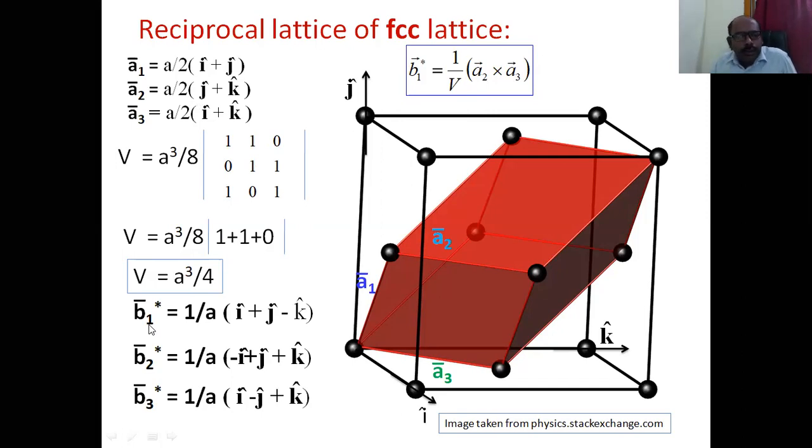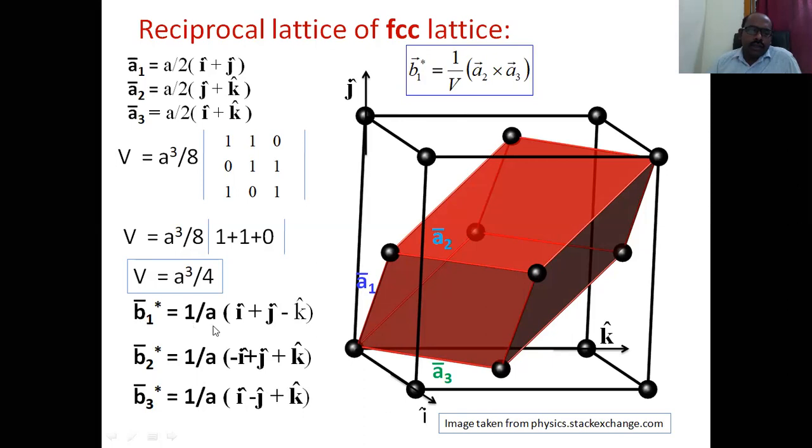So the reciprocal vector b1 bar is equal to 1 by a times (i plus j minus k). And b2 is also given. If we calculate this, we get similar quantities. So it is a reciprocal lattice vector of FCC.